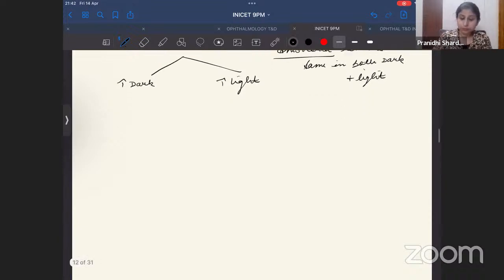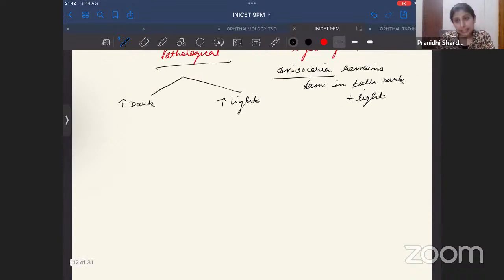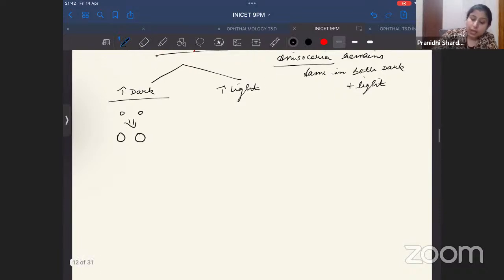First we talk about when it is increasing in dark. Whenever we go into the dark, the pupils will dilate, so the normal response in dark is dilatation of the pupil.